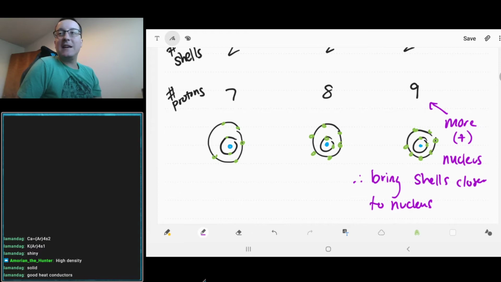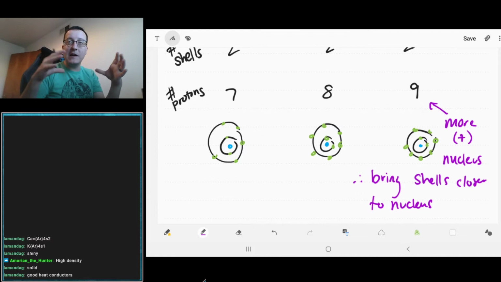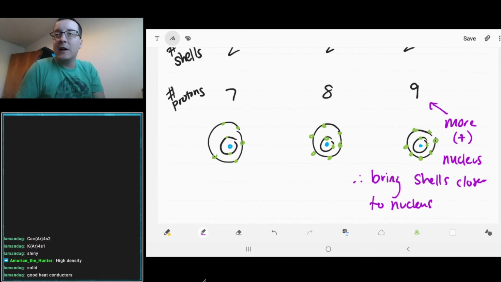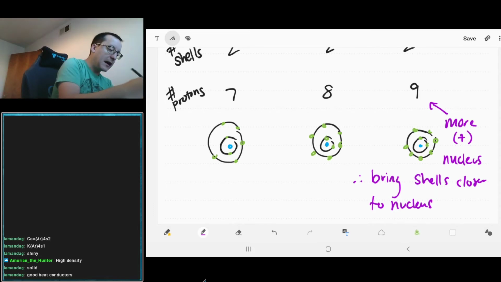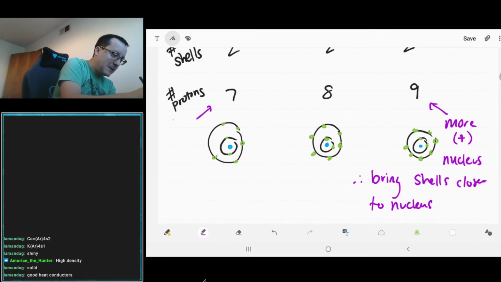So fluorine, having 9 protons, is going to bring in its shells a little bit closer, just because they're more attracted to the positive nucleus. So the more positive the nucleus is, the more the atom shrinks, if that makes sense. The positive nucleus is going to bring in those negative electron shells around it. And by comparison, this is a less positive nucleus.